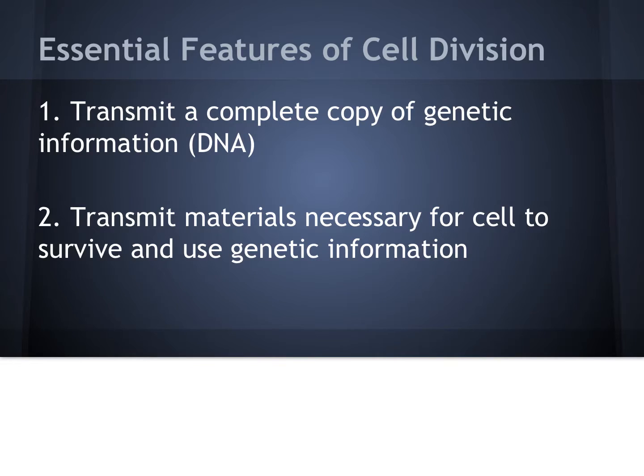Okay, so what happens during cell division? So when a cell divides, we need to take the information that cell has and pass it on to the new ones. So we have to have a complete copy of the genetic information. So we need to make a copy of our DNA and make sure it gets to both of those new cells perfectly.